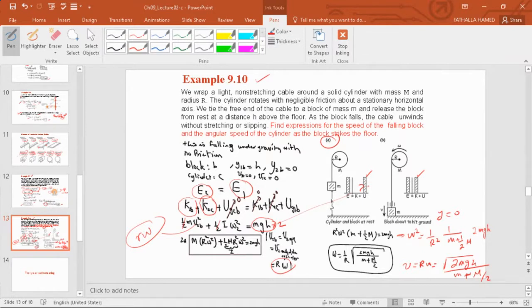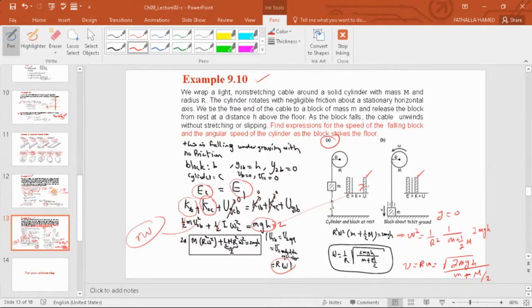Now, when we talked about conservation of total mechanical energy, and we told you that the pulley here is frictionless, that means it's not rotating, you will find that v is equal to the square root of 2mgh, and you stop at that. And that's why I told you always assume that the pulleys are frictionless, so you don't consider them. But if they rotate, they will affect your speed.